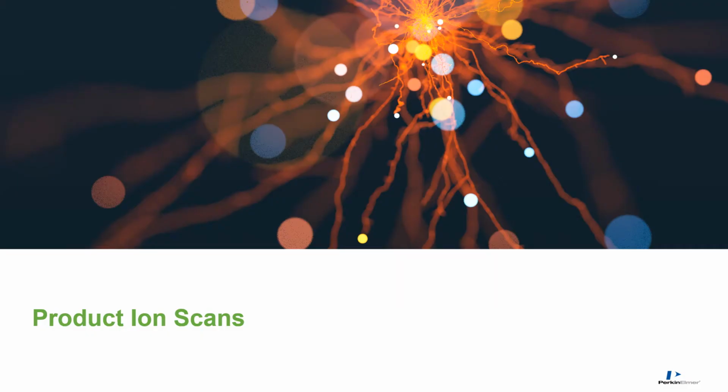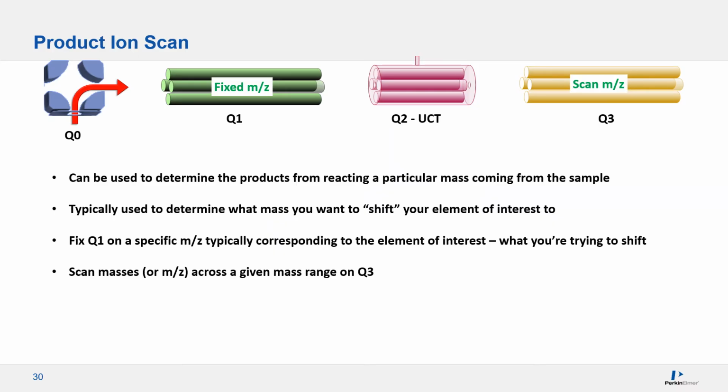Now let's review product ion scans. Product ion scan and its use typically makes more sense to most users at first glance than precursor ion scan. It is primarily used to determine what ions will be produced when a particular sample is introduced and reacted with a particular gas.